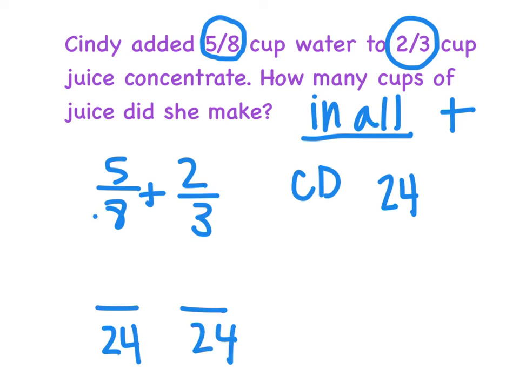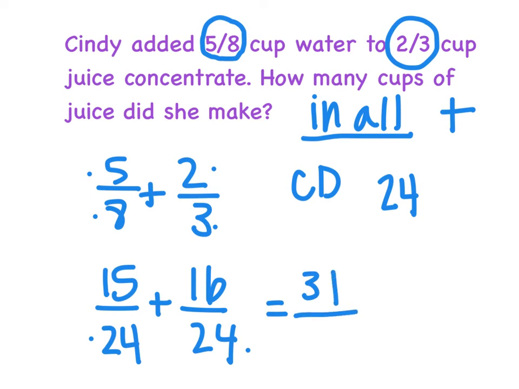To get from 8 to 24, I multiply by 3, so 5 times 3 is 15. To get from 3 to 24, I multiply by 8, so 2 times 8 is 16. The next step is to add the numerators. 15 plus 16 equals 31, and the last step is to keep the denominator the same, 24.